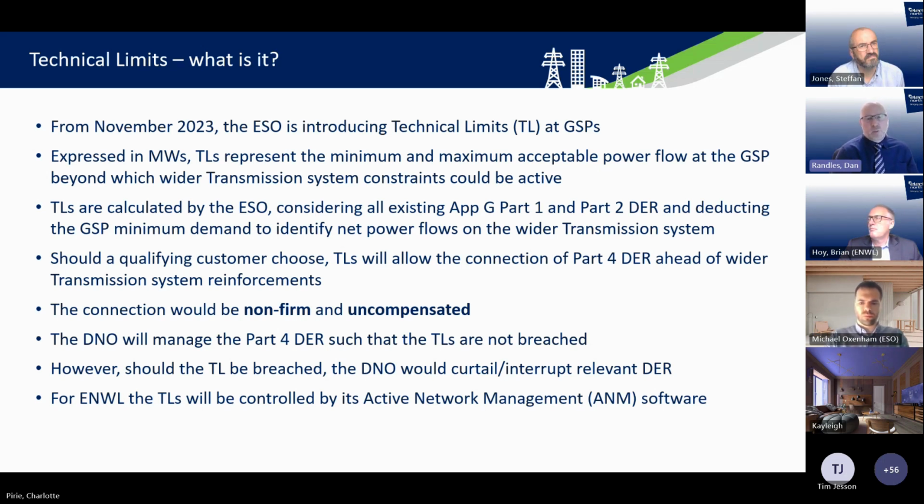Within ENW, we'll be taking advantage of our network management system. We have an application in there coming on stream soon called Active Network Management. So that's how we will implement technical limits, and that will operate in conjunction with equipment installed at the customer interface to ensure that we can operate within those limits.